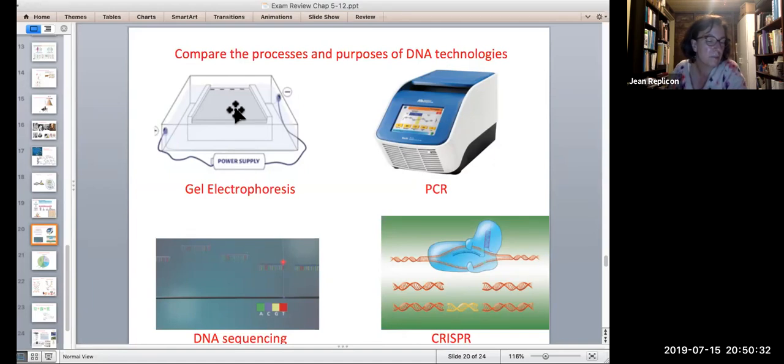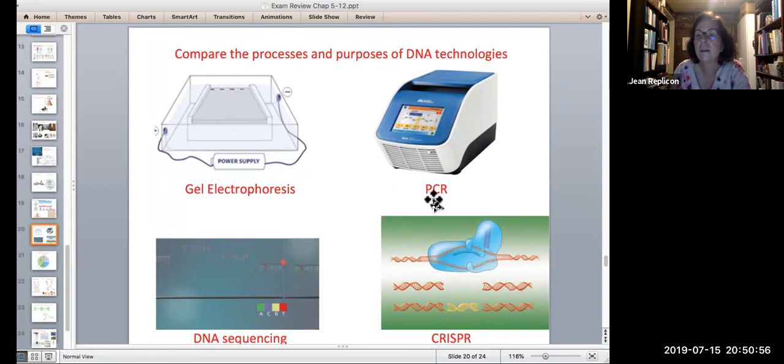It can be used for identifying parents for paternity. It can be used for identifying diseases. Because each organism has its own distinctive DNA fingerprint, which is kind of like a scan code because of the pieces and the separation of the pieces.